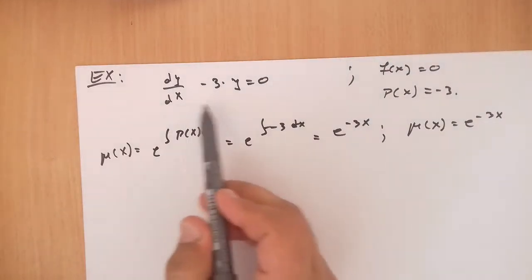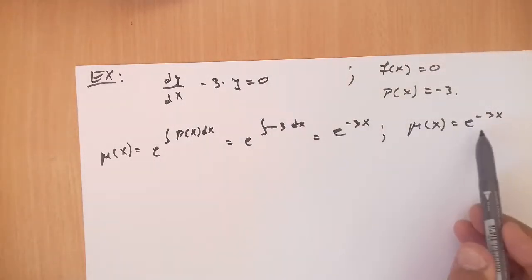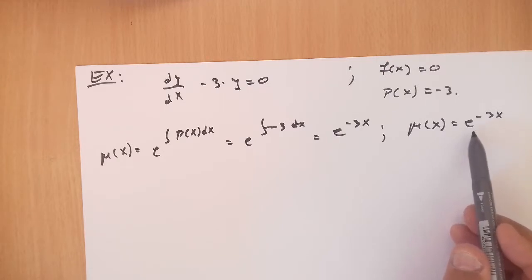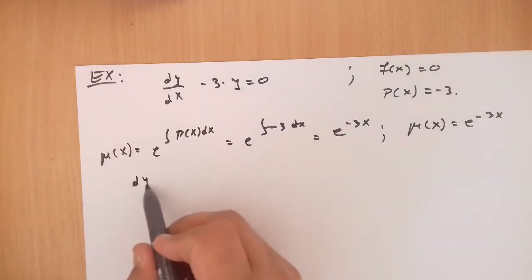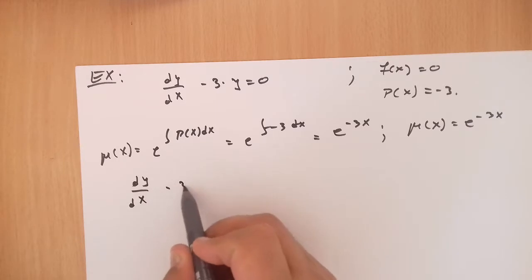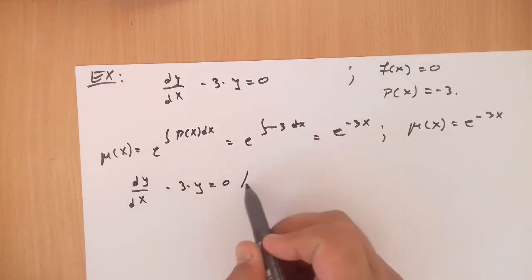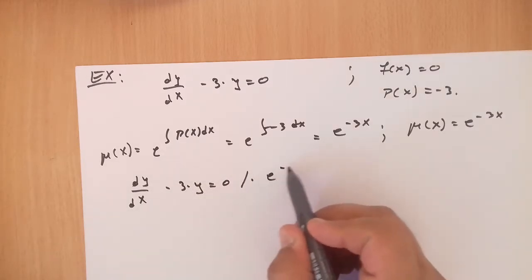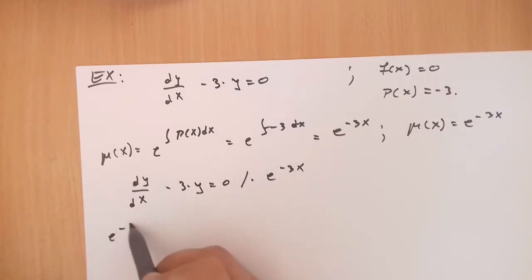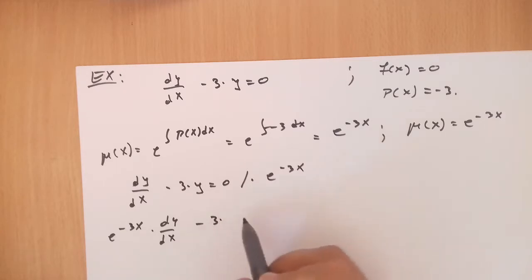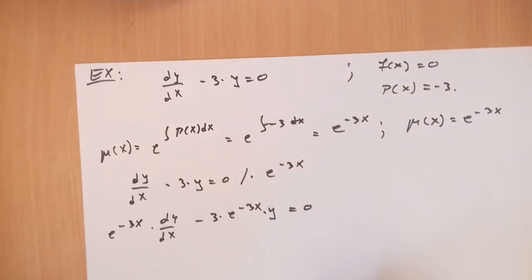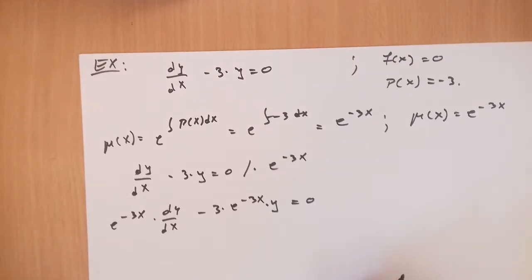So we multiply this equation by this function. So dy by dx minus 3 times y, which is equal to 0, both sides by e to the minus 3x. e to the minus 3x times dy by dx minus 3 times e to the minus 3x times y is equal to 0.